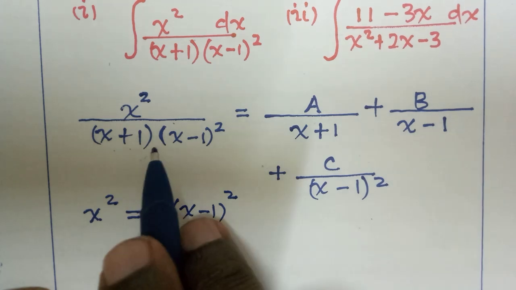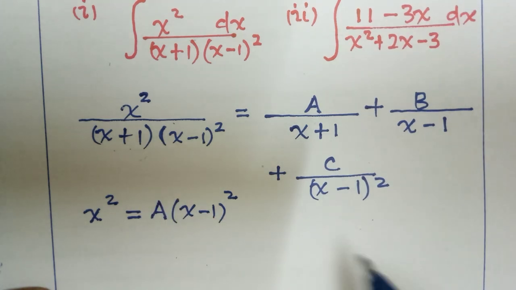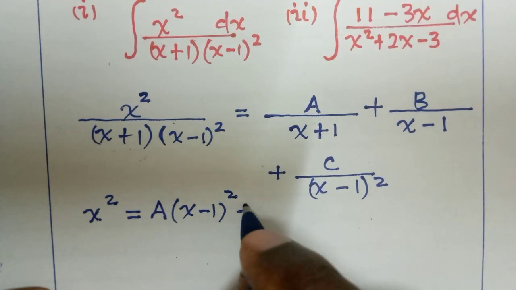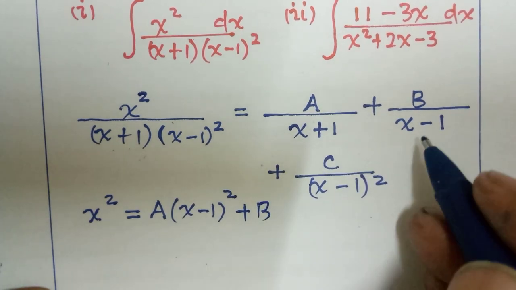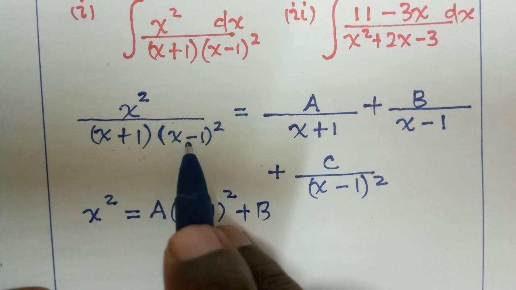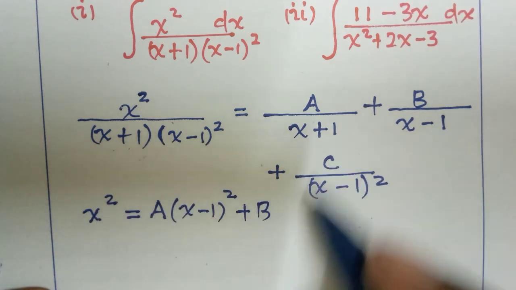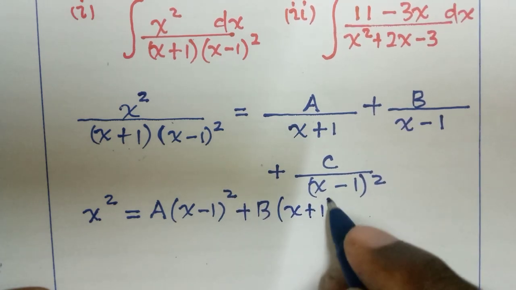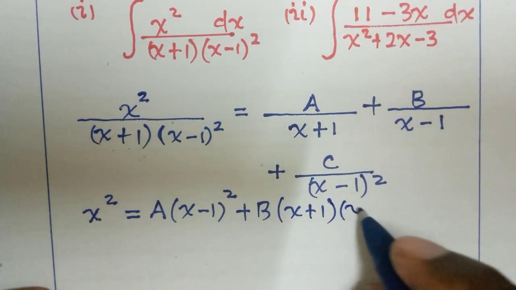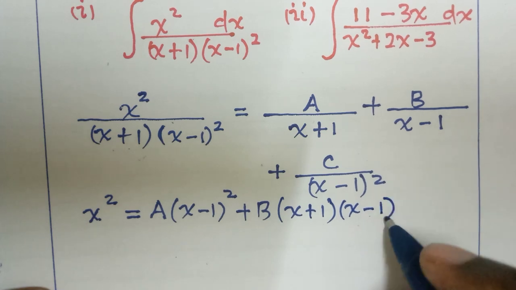You come to this value. This one divide by that, then you get plus b, because when you divide by that, you remain with x minus 1 of the x minus 1 and x plus 1. So this one is going to be x plus 1, x minus 1, like that.